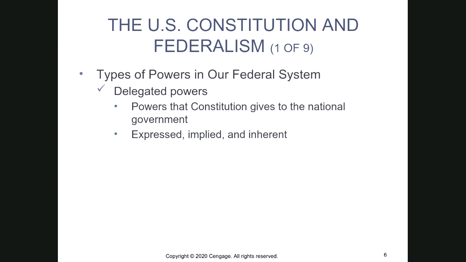It doesn't say that explicitly in the United States Constitution, but we know that that's implied, right? Because how else are we going to have a postal service? So implied powers are powers that are derived from those expressed powers listed in Article 1, Section 8.